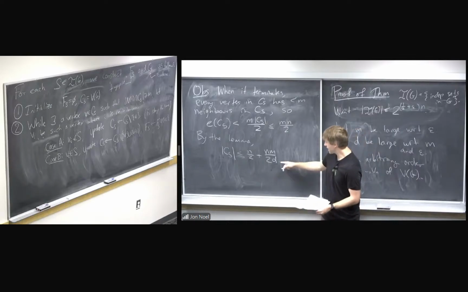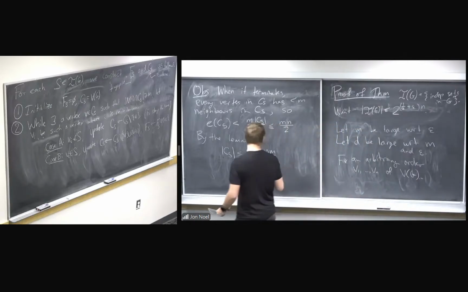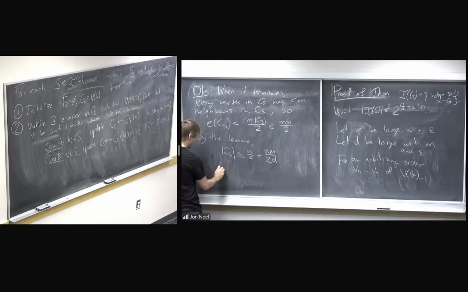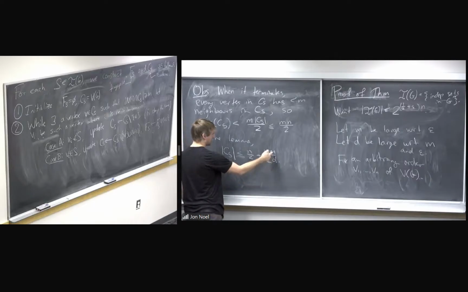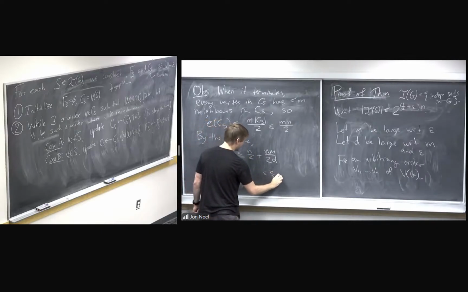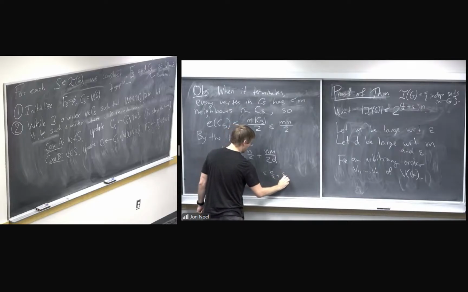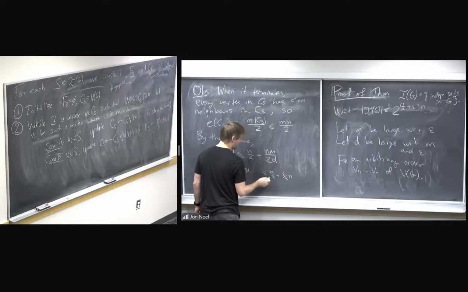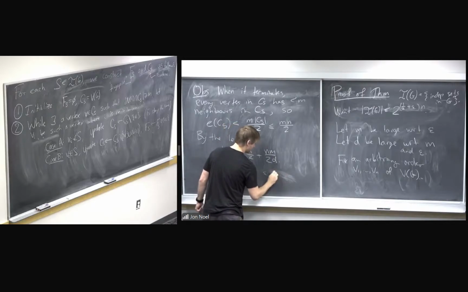If we pick d large, remember d is large with respect to n and m and epsilon, we can say that this is less than or equal to n over 2 plus epsilon over 3 times n. So in other words, 1/2 plus epsilon over 3 times n.